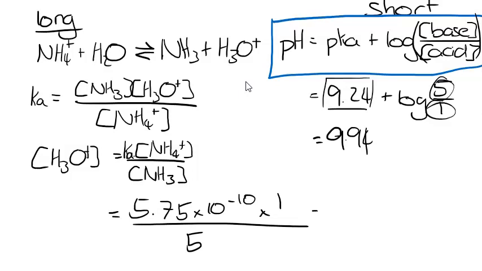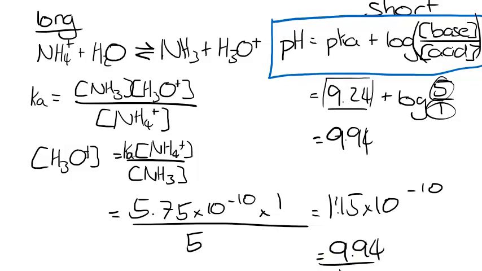And then we equal 1.15 times 10 to the power of negative 10, and then we go negative log of the answer to get the pH, and we've got 9.94. So the same answer, but just takes a little bit more work.